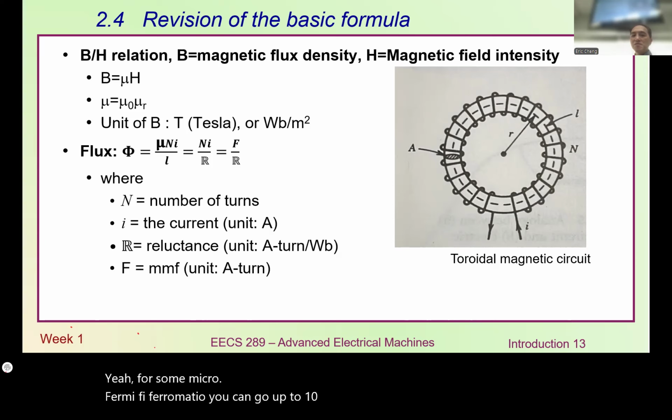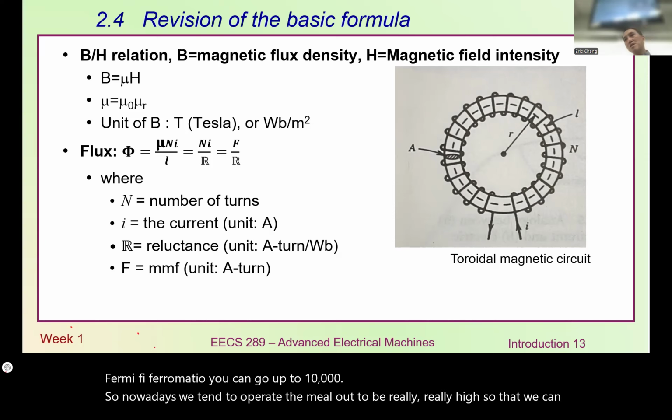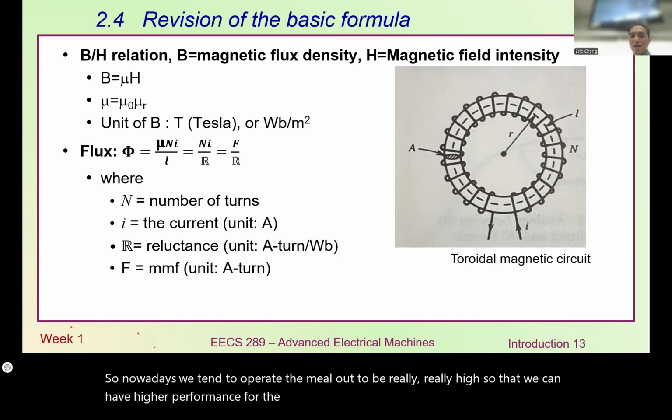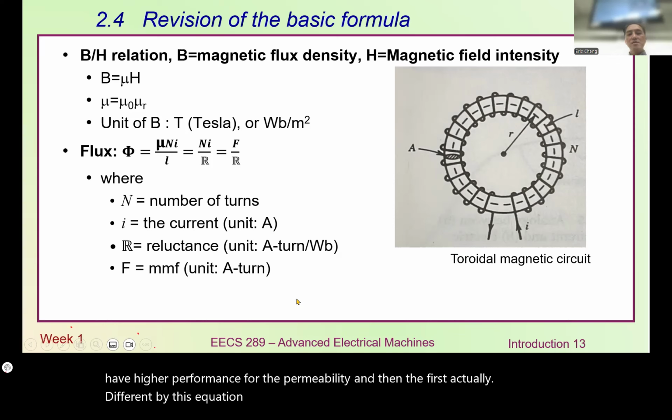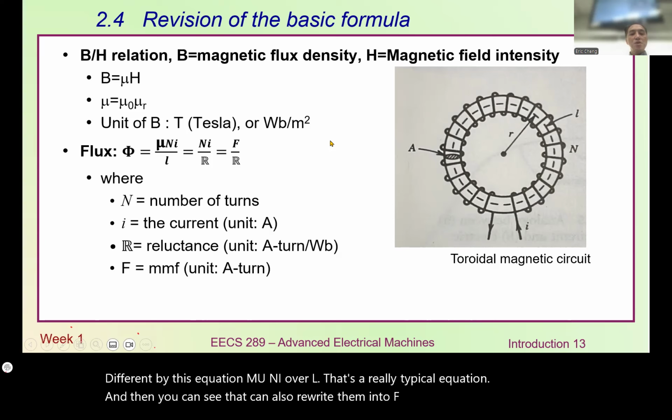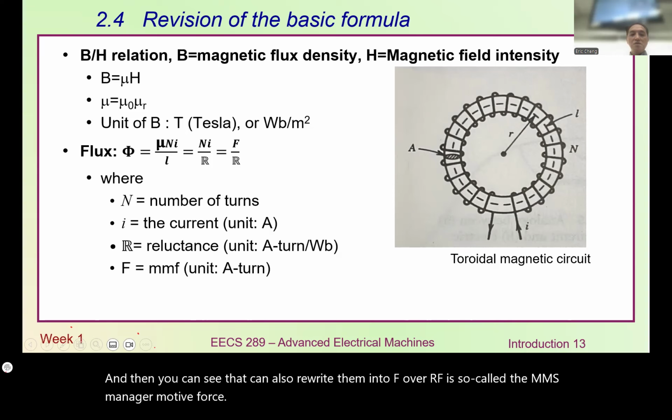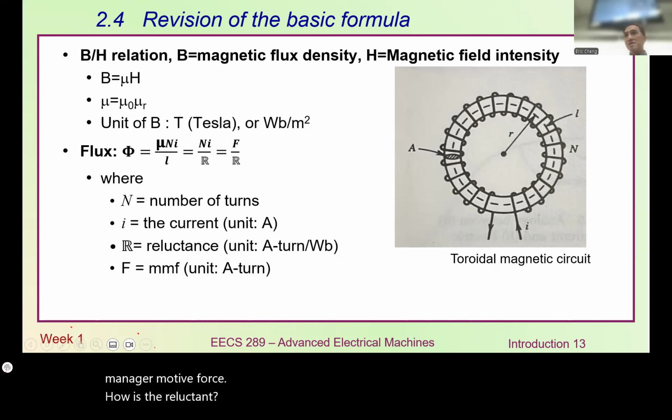So nowadays, we tend to make mu R really high so that we can have higher performance for the permeability. And then the flux is actually given by this equation, mu Ni over L. That's a really typical equation. You can also rewrite it as F over R. F is the so-called MMF, magnetomotive force. R is the reluctance. Just a quick revision.